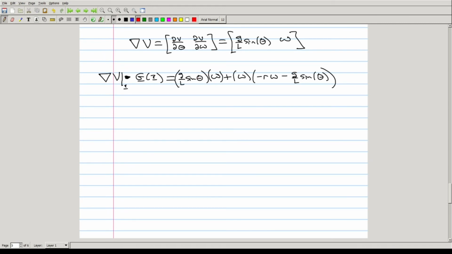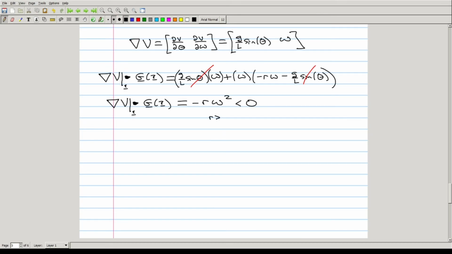In which we get a cancellation when we distribute this omega through and subtract. This cancels with this, and so we're left with the gradient of our Liapunov function dotted with g of xi equal to negative r times omega squared, which is strictly less than 0.